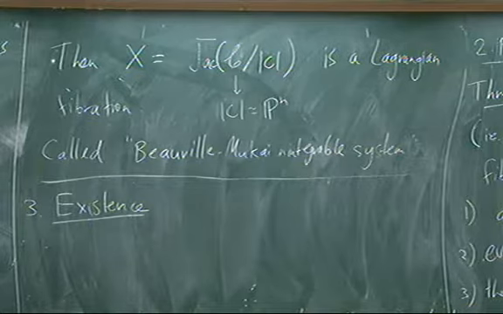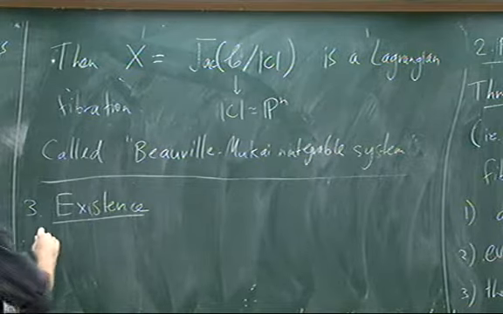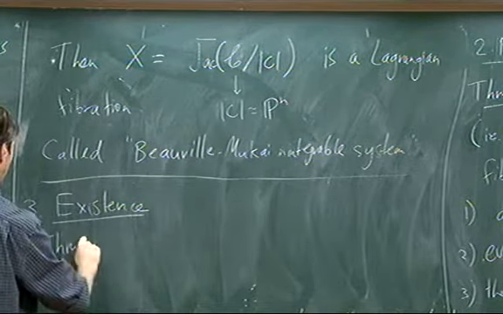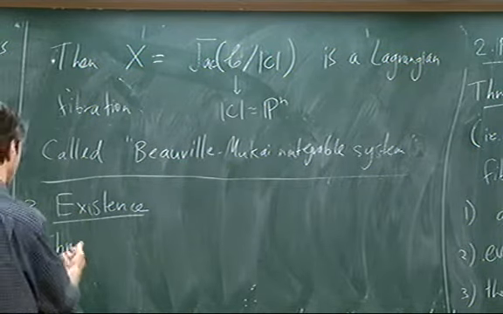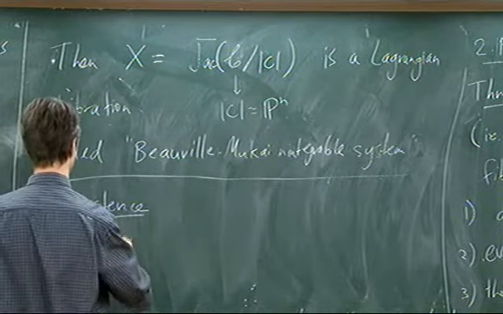So the simplest case would be the two-dimensional case. Now, almost by definition, the only irreducible holomorphic symplectic manifolds in two dimensions are K3 surfaces. So you can ask about the existence of fibrations on K3 surfaces.